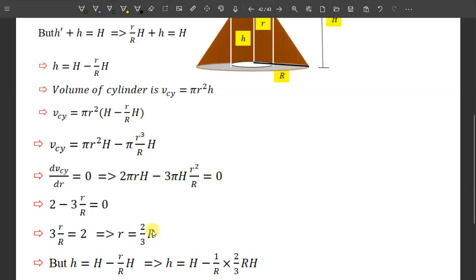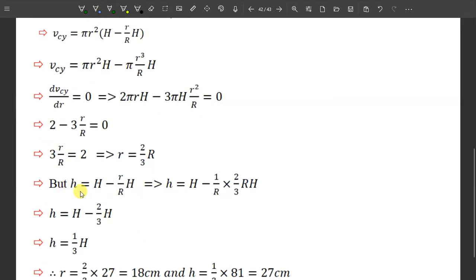The radius of the cylinder must be 18 centimeters.